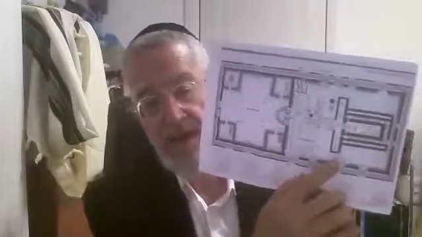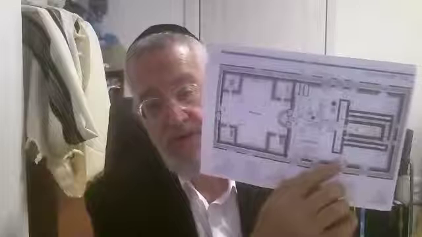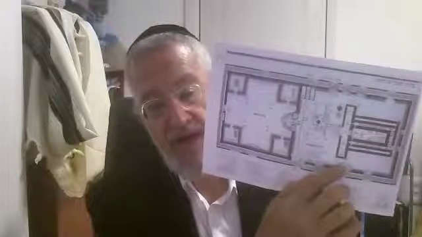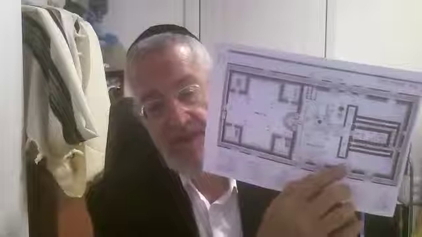So what happens? Let's go back to our Beis Hamoked. The Beis Hamoked in our Midos diagram 3 is going to be the last place to be locked. The Kohen who's responsible, he came last night. He's one of the older Kohanim of the Beis Av. He lifts the tile, takes the keys, and he's going to walk around the whole Azorah. And he's going to lock all the doors of the Azorah. He then is going to come back to the Beis Hamoked, go in the Beis Hamoked, lock the Beis Hamoked door.